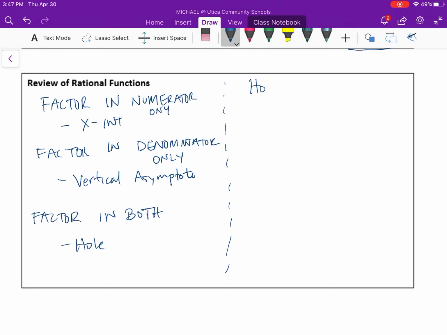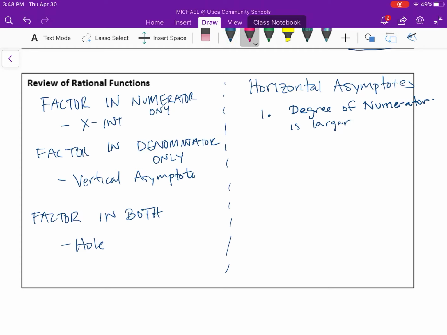And then our last review is horizontal asymptotes. Again, just in case we need a little refresher, there are 3 cases. When the degree of the numerator is larger, then we do not have a horizontal asymptote.